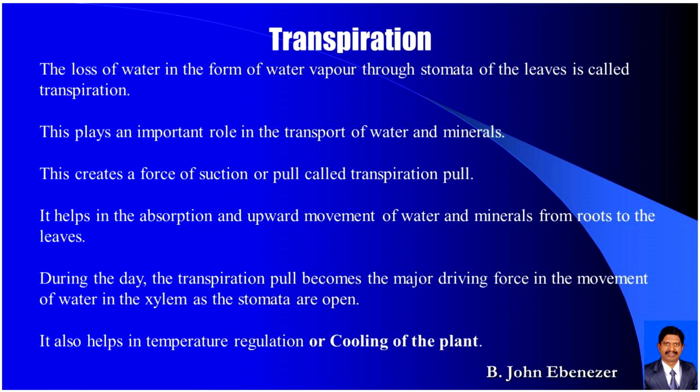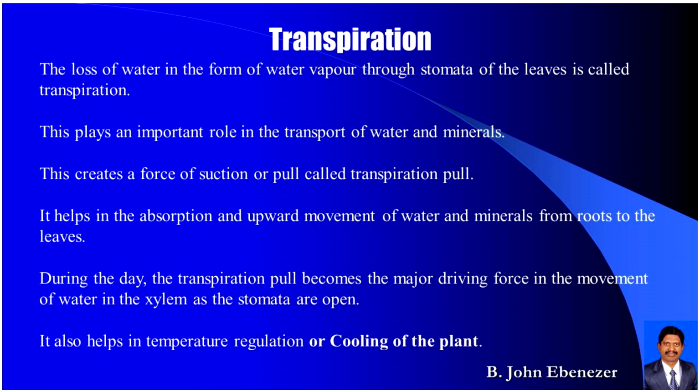Transpiration. The loss of water in the form of water vapor through the stomata of the leaves is called transpiration. This plays an important role in the transport of water and minerals. This creates a force of suction or pull called transpiration pull.